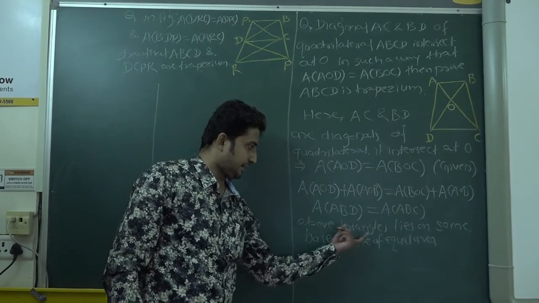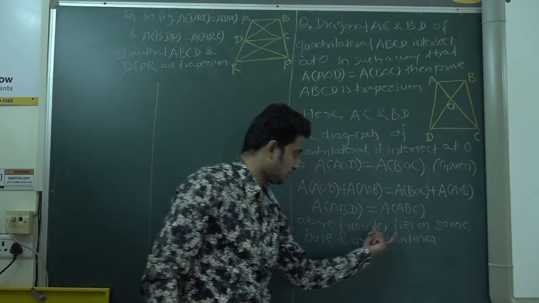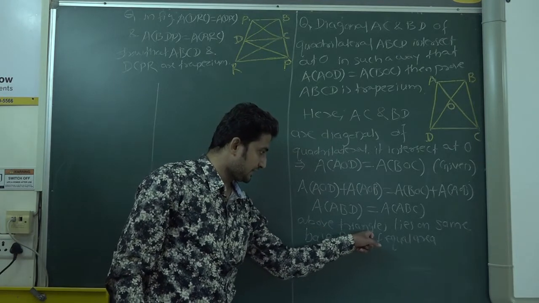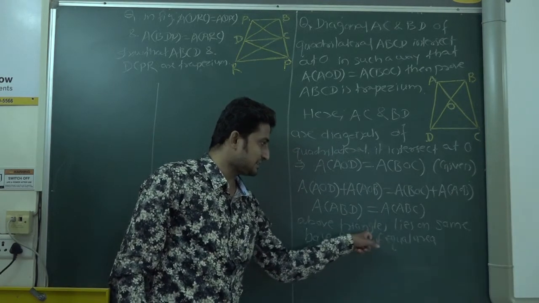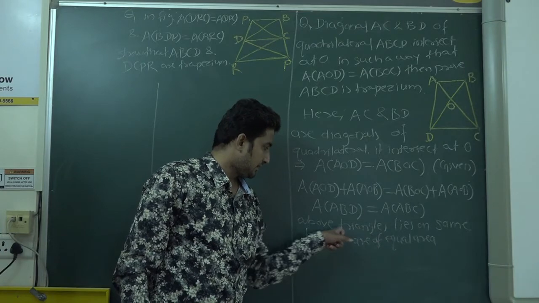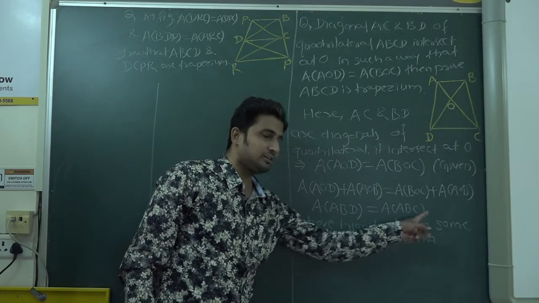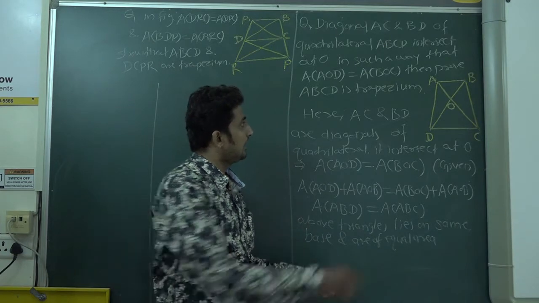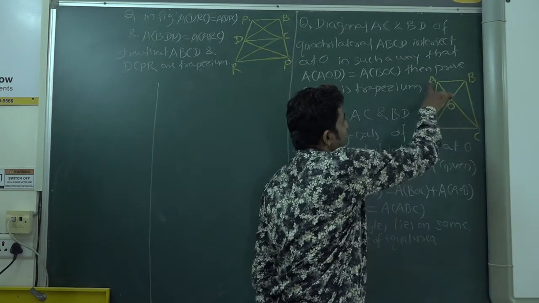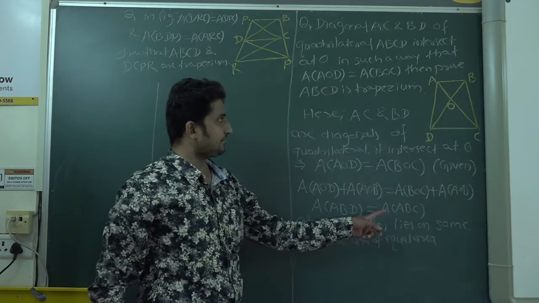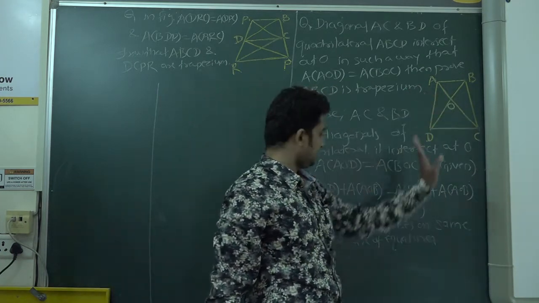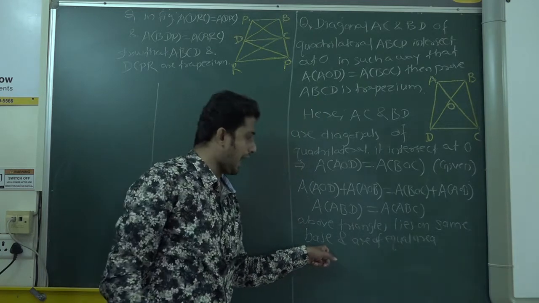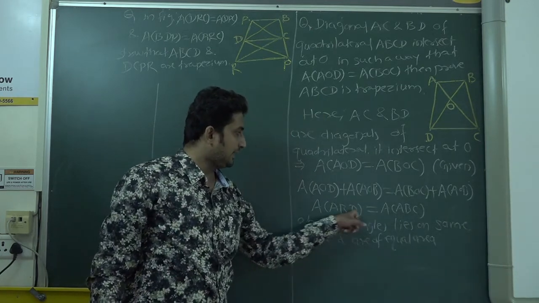Now here please watch this statement very carefully. We are trying to say that these triangles lie on the same base. They are lying on the same base, right? ABD and ABC. Base is common here. We can call this AB, and areas are equal.